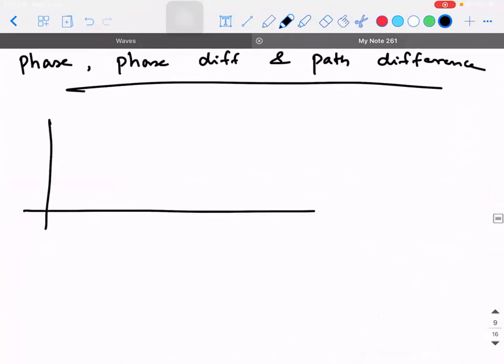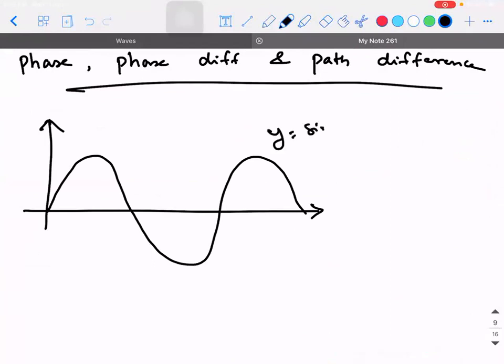See, if I look at the basic graph of sine, this is how a graph for y is equal to sine x looks like. If I call this y1 is equal to sine x, what is the angle at which sine will attain maximum value for the first time? Tell me in terms of radian. Sine x is greater than or equal to minus 1, less than or equal to 1.